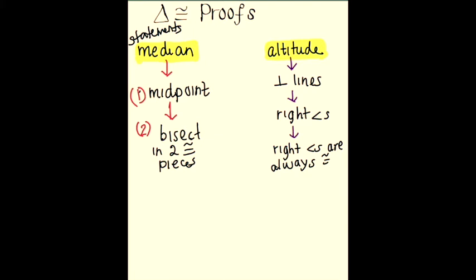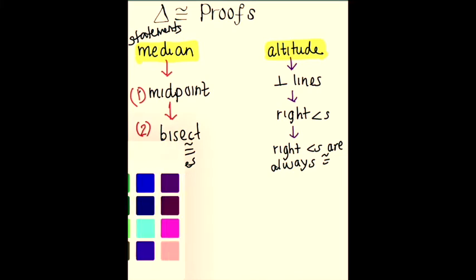Again, this might be weird to follow. I'm going to use this example in a proof, so it'll be a lot less confusing when you see it used. When you see the word altitude, you need to start thinking about perpendicular lines.